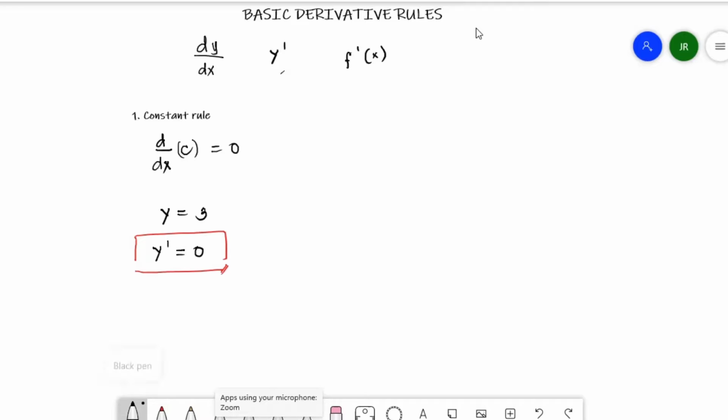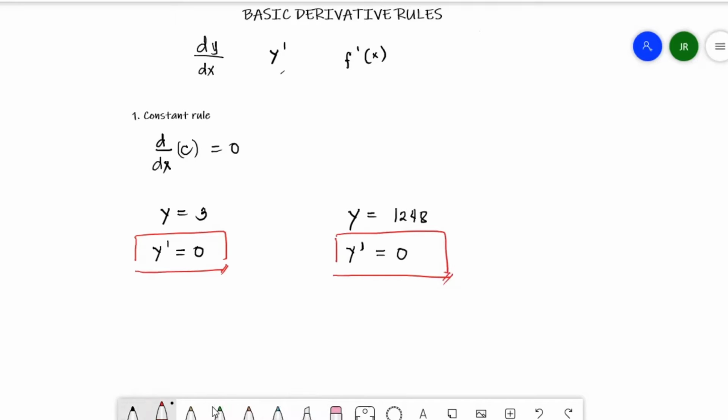Another example. Y is equal to 1,248, for example. And kukunin natin yung derivative ni 1,248. So y prime or the derivative of y is equal to 0. Again, kahit gaano pa kalaki yung value or kaliit yung value ng constant na yan, once na kinuha mo ang derivative, equal lang po yan sa 0.